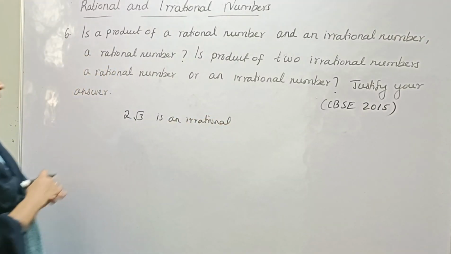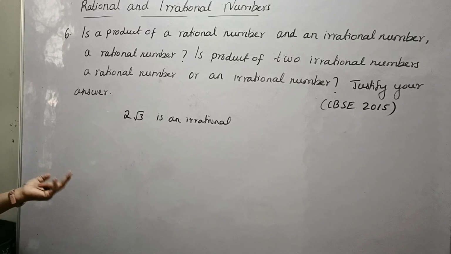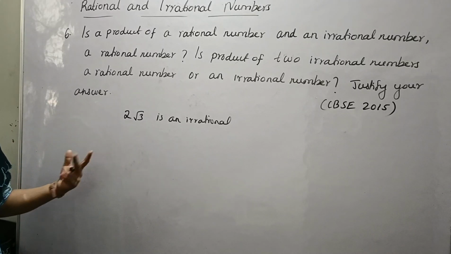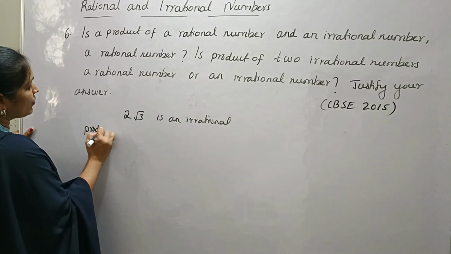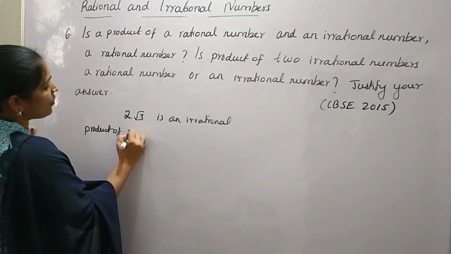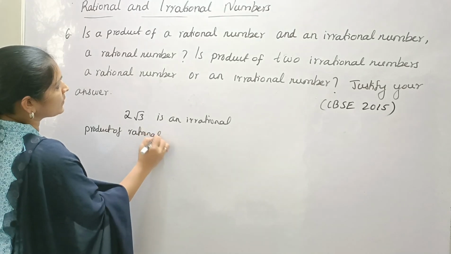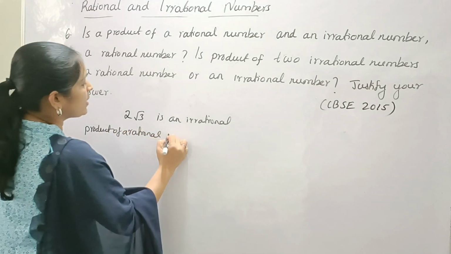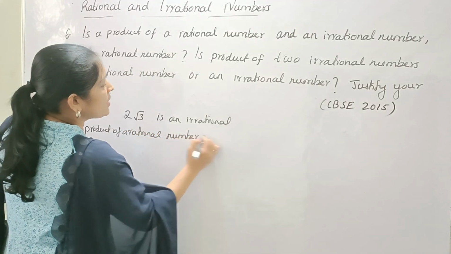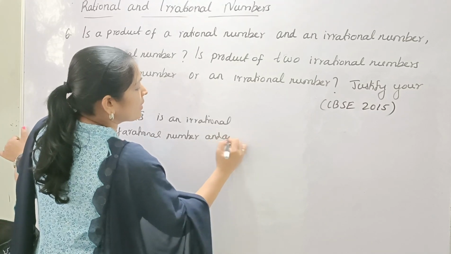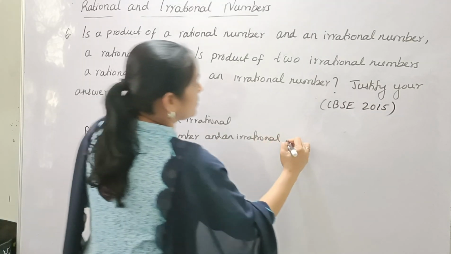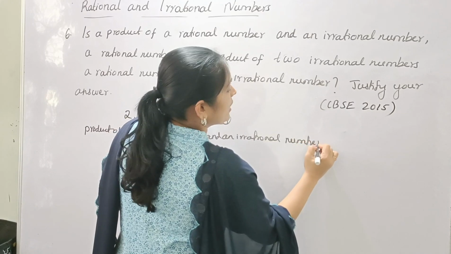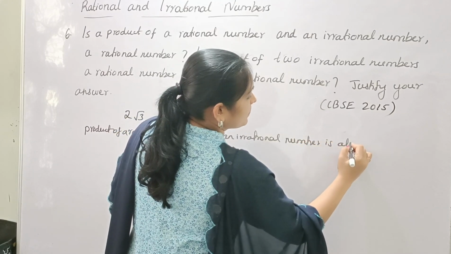Okay, so here we can say, if you take any rational number and multiply it with an irrational number, you will always get an irrational number. So the product of a rational number and an irrational number is always an irrational.